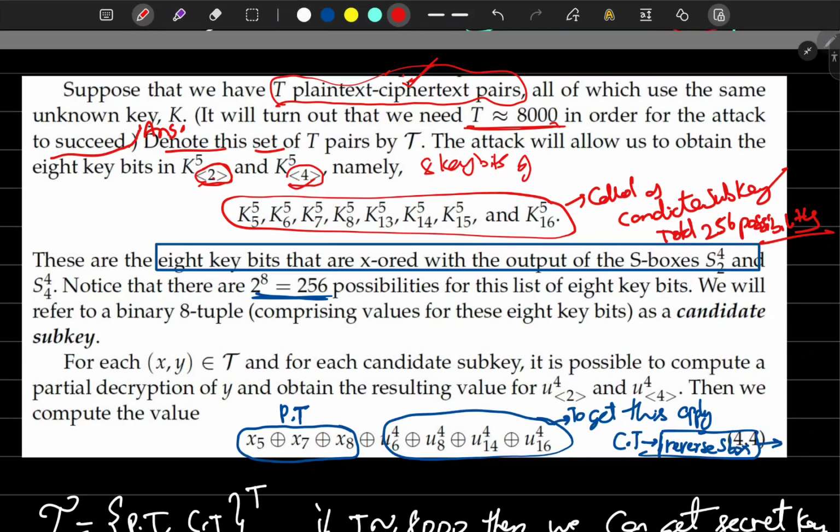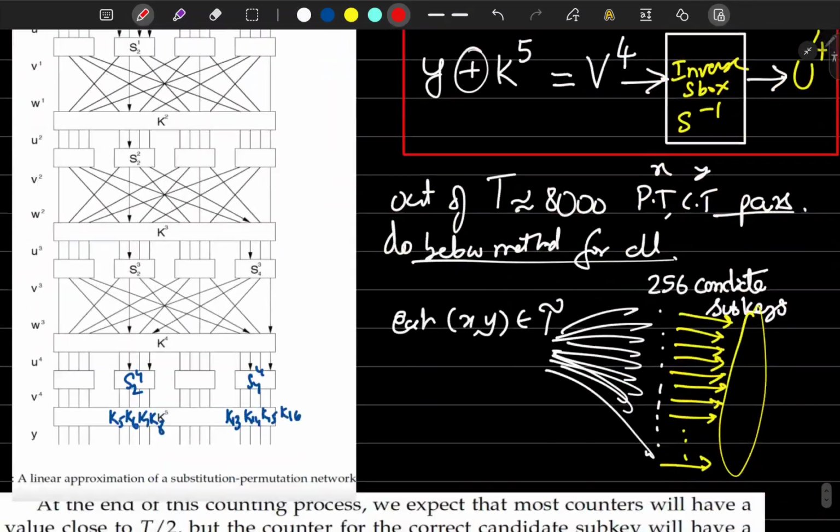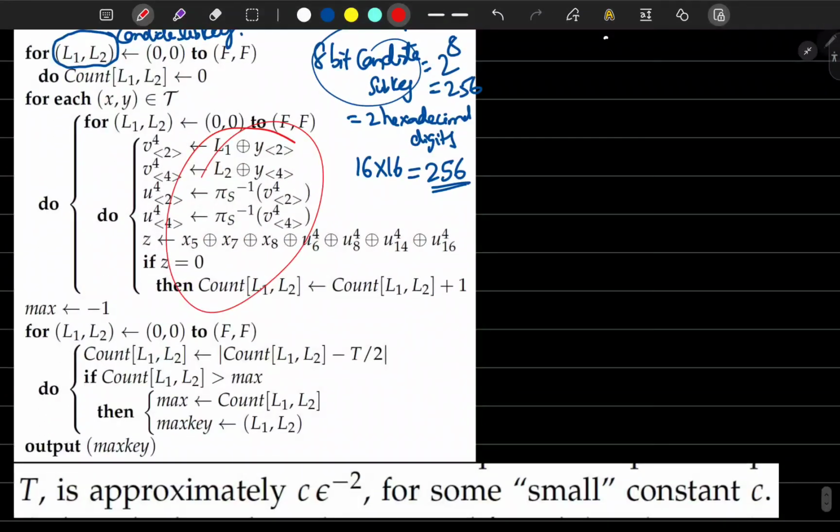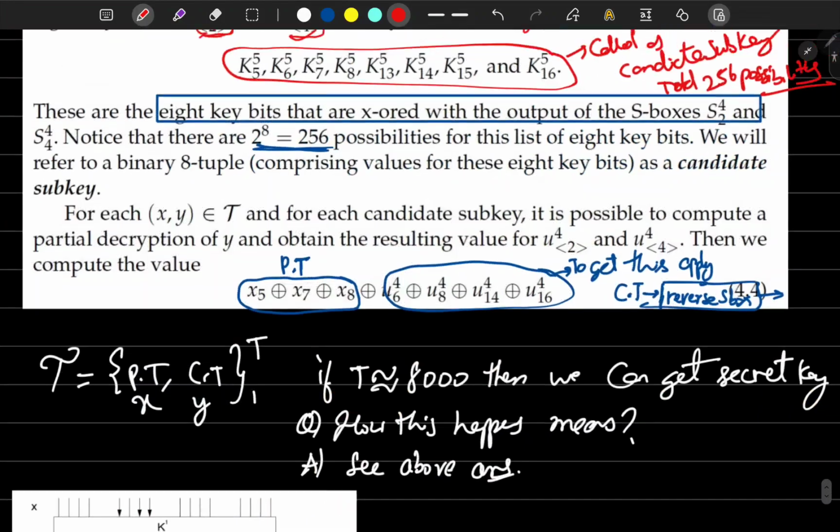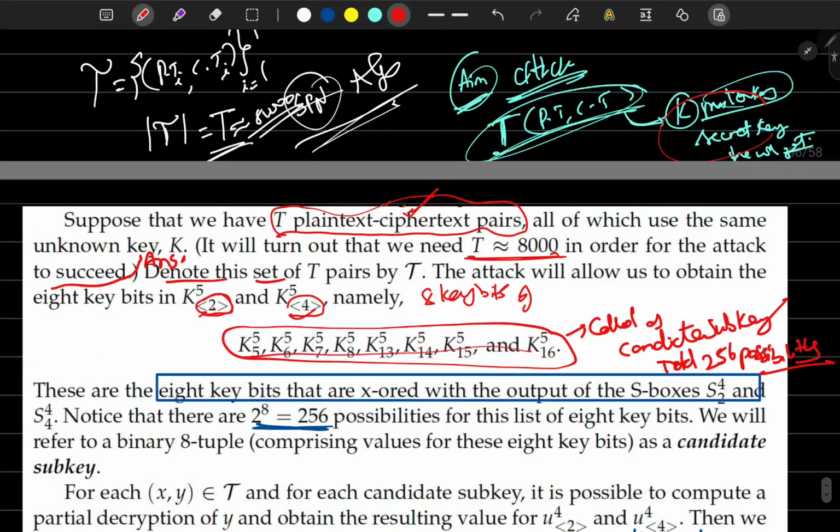See, this algorithm reveals these 8 bits. What exactly are these 8 bits? How many possibilities are there for these 8 bits?